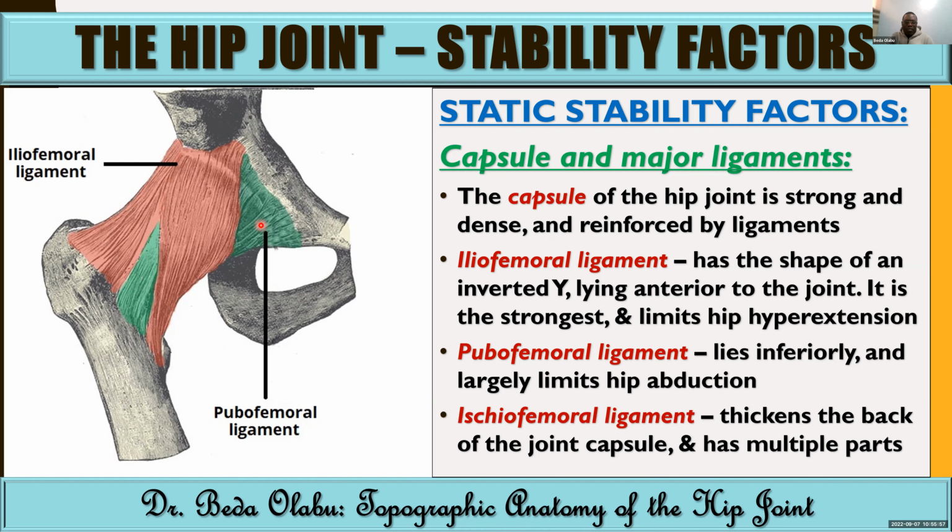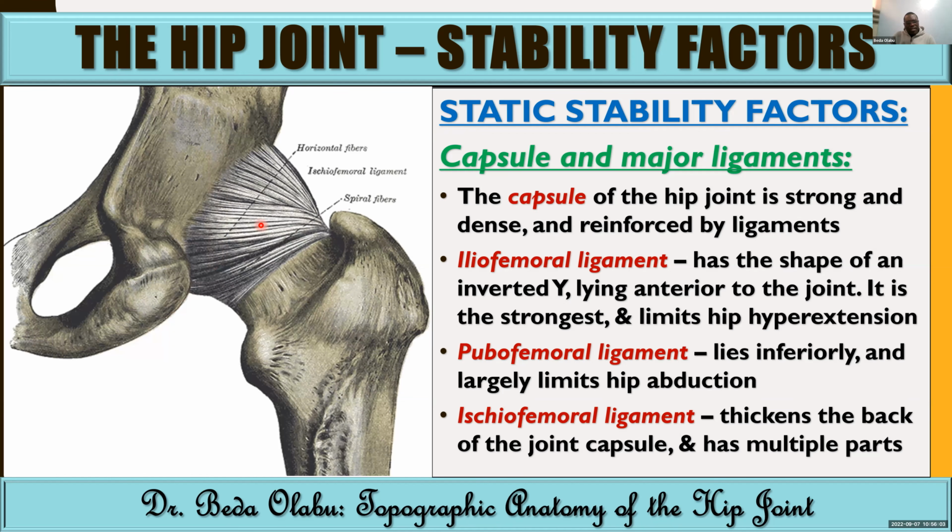Last but not least, we have the ischiofemoral ligament, which is broader and is more posterior. This is the ischiofemoral ligament. It's described to have multiple parts, but we'll not go into the parts of the ligament. It arises from the ischium and inserts to the femur, but more posteriorly. That's why we see it from the posterior view.